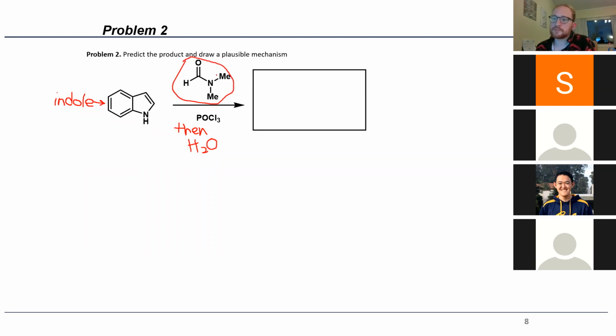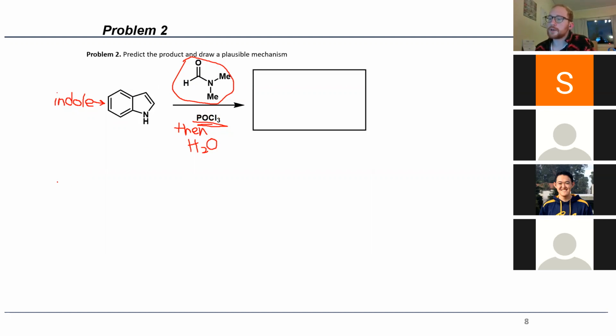It's a very common solvent, and it's quite useful in this case because with the use of an activating reagent like phosphorus trichloride, I forget what its actual name is, POCl3, we can activate this toward a nucleophilic attack.